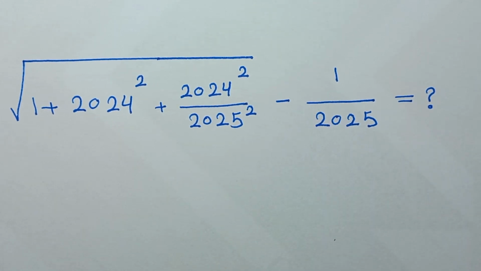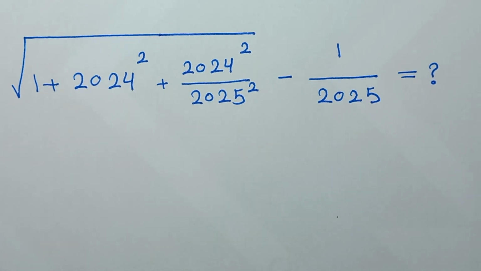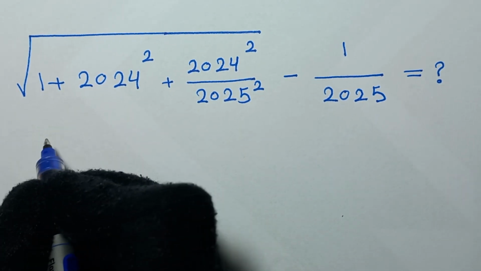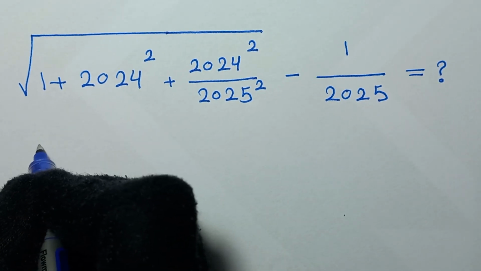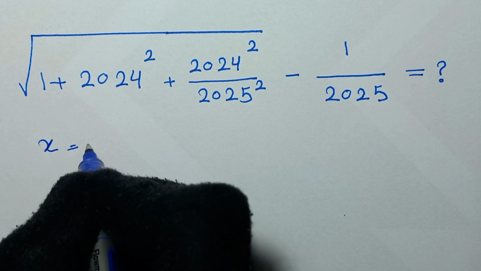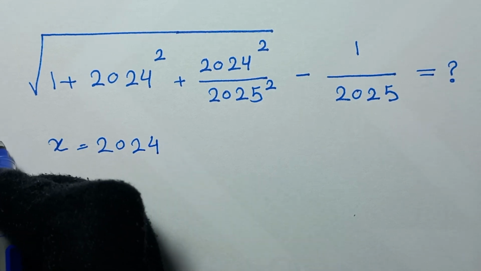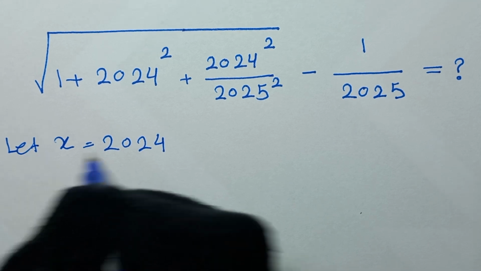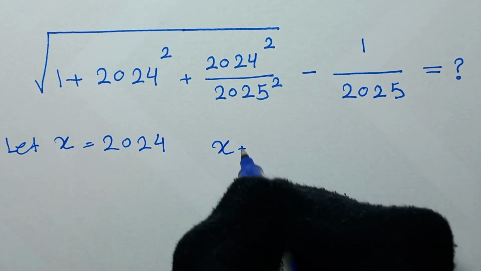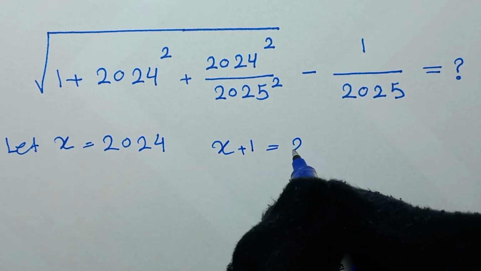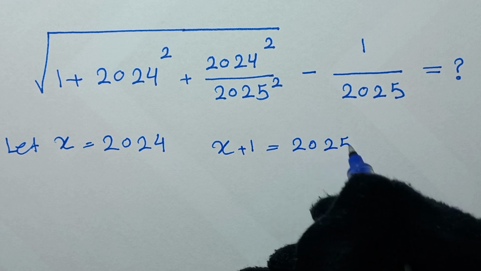So, in the first step, we start by letting x be 2024. From here, x plus 1 is equal to 2025, right?